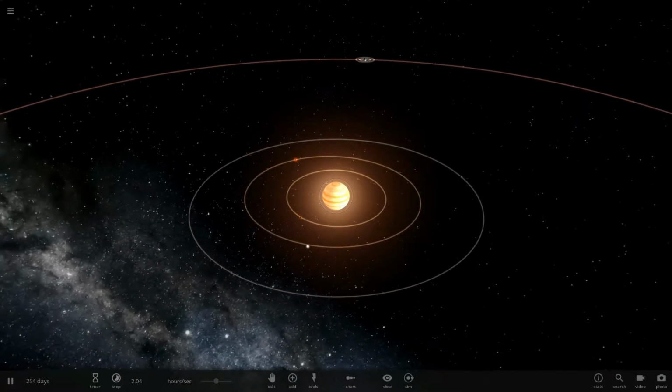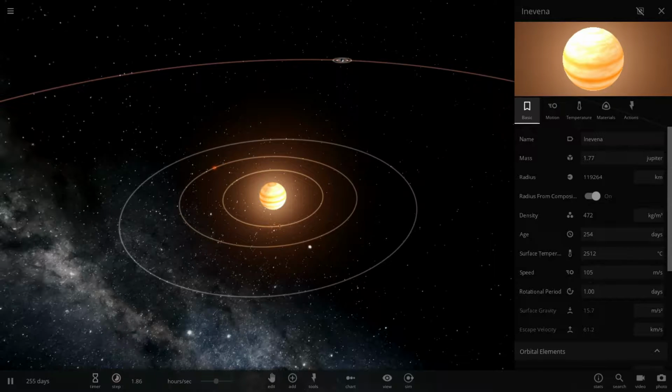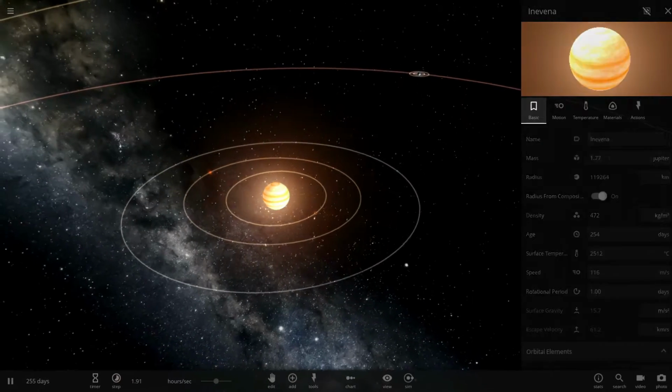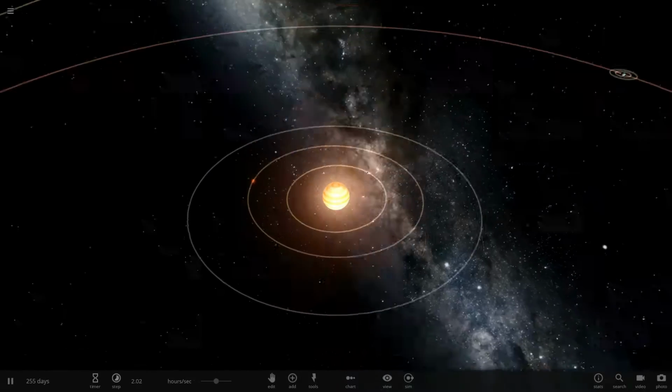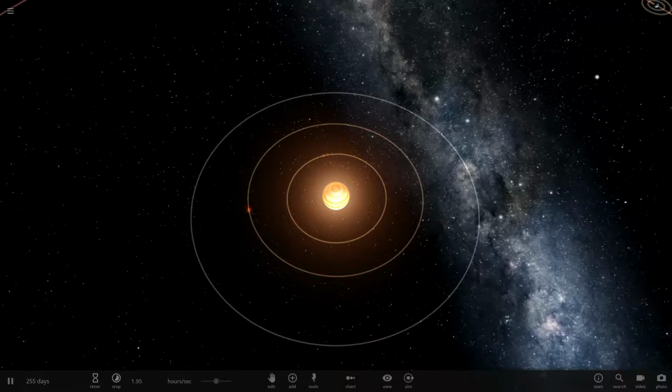So, this is the smallest. Oh God. Sorry, guys. I know I keep saying that some of you go type things in the comments, but most likely some of you guys are going to say this is probably a very, very young gas giant that was ejected from its system.